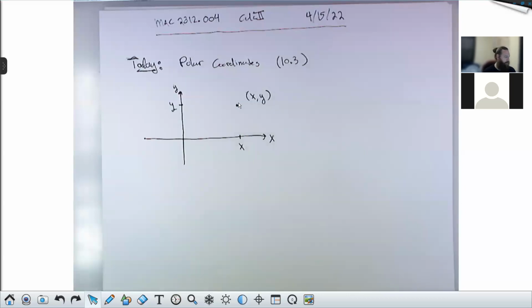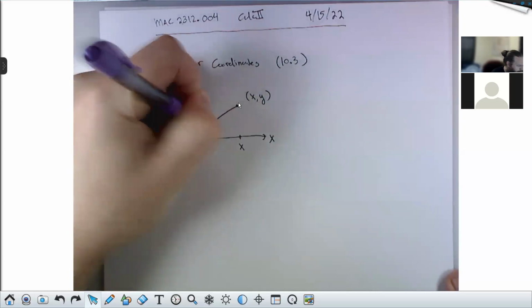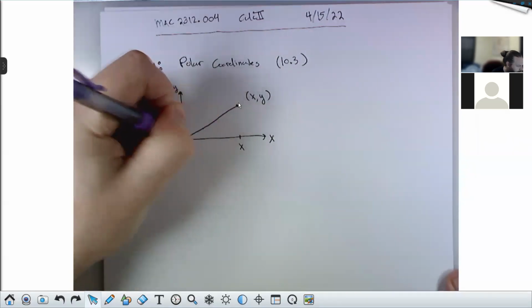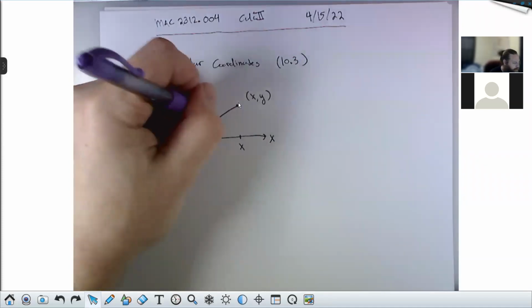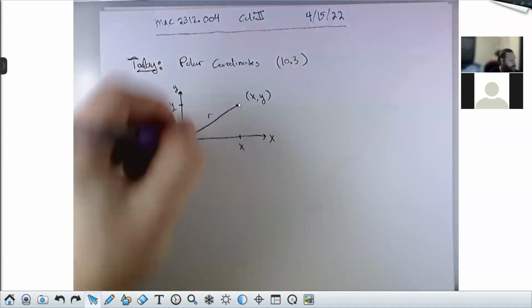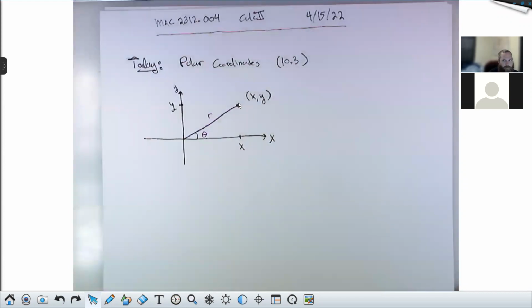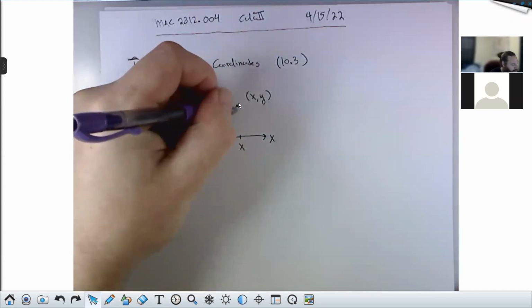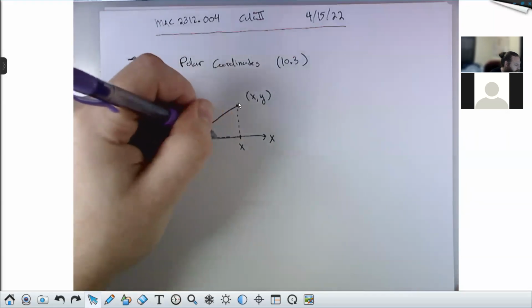The polar system says to do something a little bit different. It says from your point, imagine a ray emanating from the origin. This has a length, which we can call r, usually thought of as a radius. And that also creates an angle down here we call theta, the polar angle and the polar radius. When you do this, you sort of induce a little right triangle.